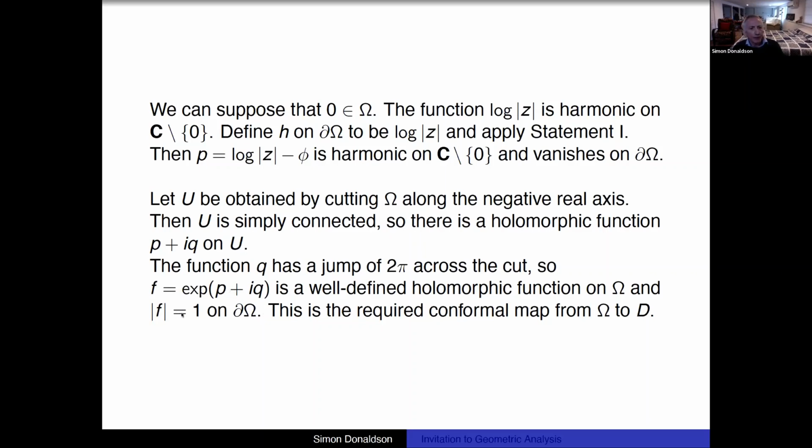So it satisfies the condition that the modulus of f is 1 on the boundary. So this is then some simple extra arguments, which is the required conformal homeomorphism from our domain omega to the unit disk.